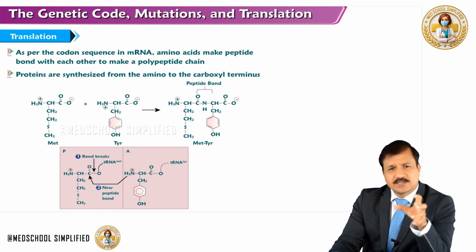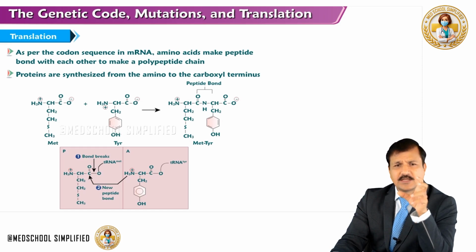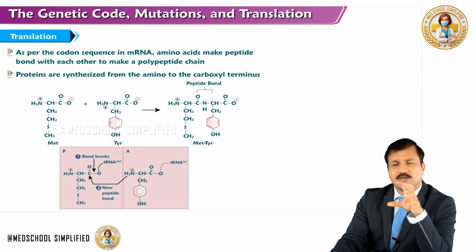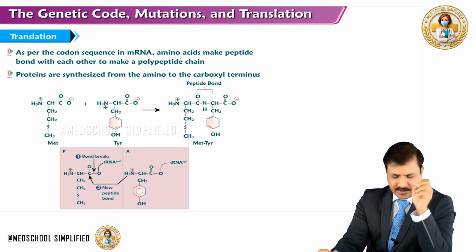During translation, the amino acids are attached to the 3' end of the respective tRNAs, and the aminoacyl tRNAs are situated in the P and A sites of the ribosome. That's what is shown here in the figure.